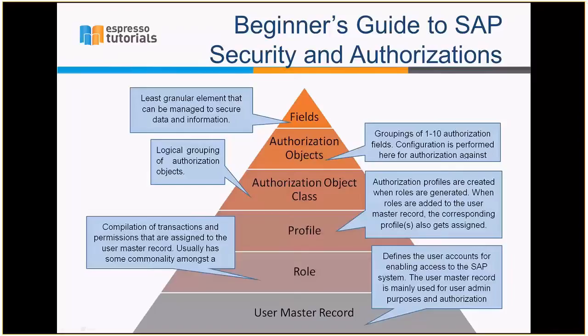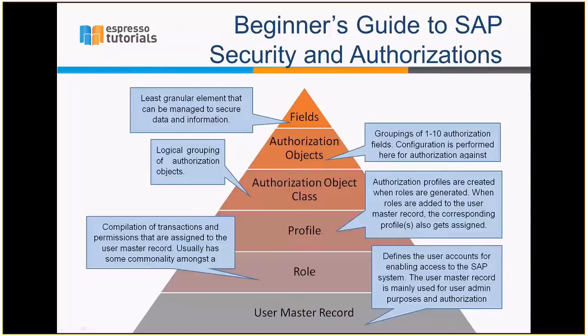When you create a role in SAP, you actually do something called generating the role. That's a technical step that you perform, which makes the role active. When you generate the role, it usually creates one profile, but it can create more depending on how many authorizations are in the role, and that's where it gets a little complicated. Usually roles and profiles are a one-to-one relationship, but sometimes it can be one-to-many if the role is really big.